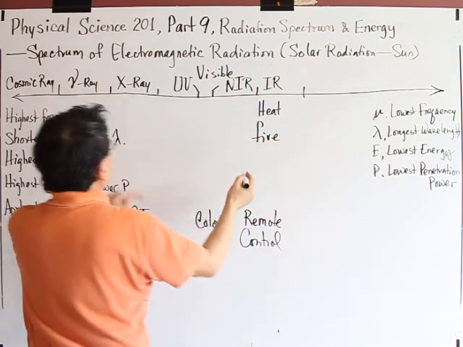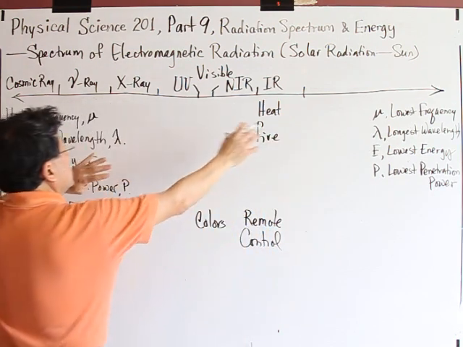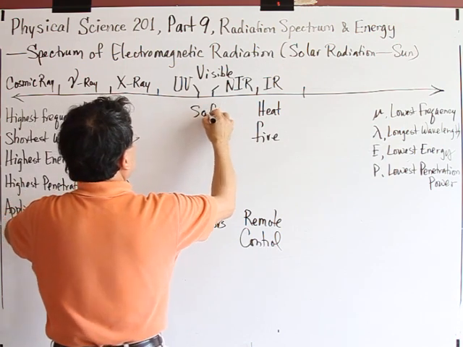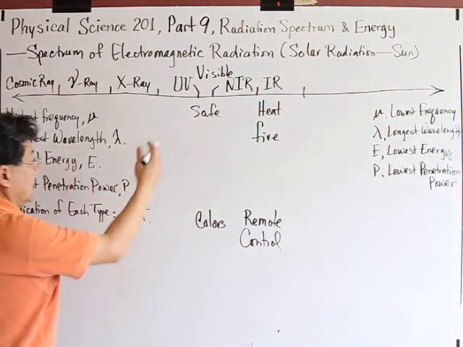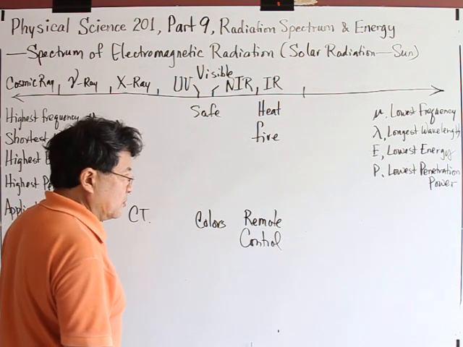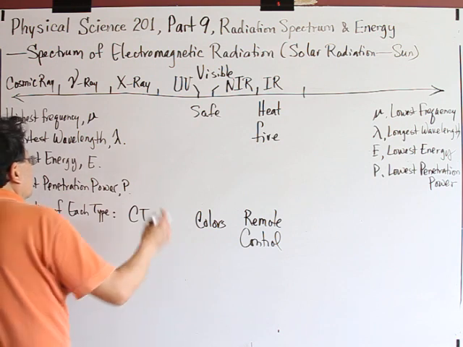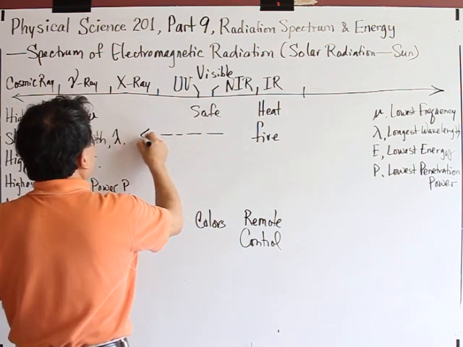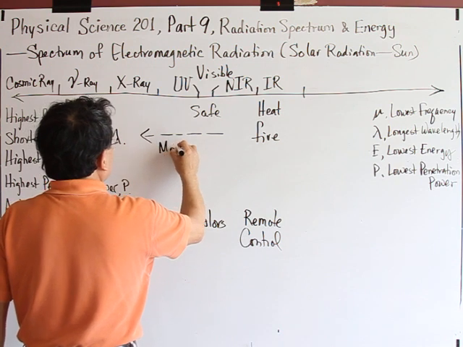Now, we are in the middle, almost past the safe zone, right? So here's the safe zone for visible light, different colors, right? Seven colors: blue, red, yellow, orange, green, purple, right? And if you go this way, it's more harmful.